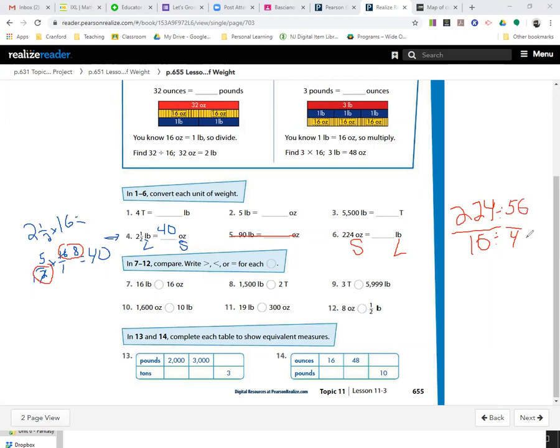It looks like I can divide this one again by 4, actually. So 56 divided by 4 is going to be 16 over 1, and this would be 16 pounds equals 224 ounces.